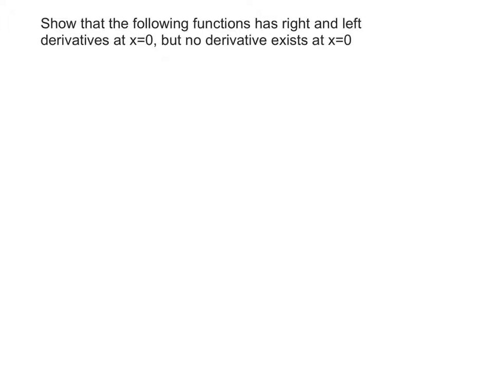And if you get that connection now, it's going to be much better for you when it comes exam time. Please remember the definition of a derivative, where you take the limit as h approaches 0 of f of x plus h minus f of x all over h.